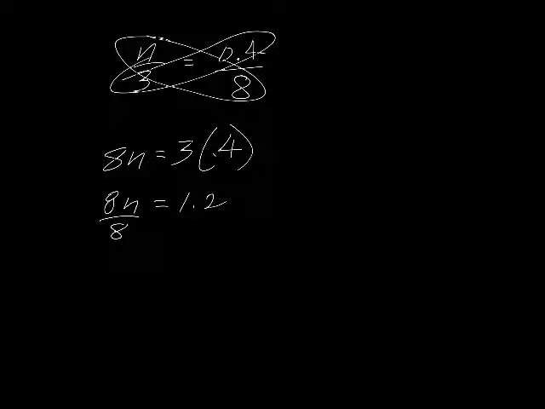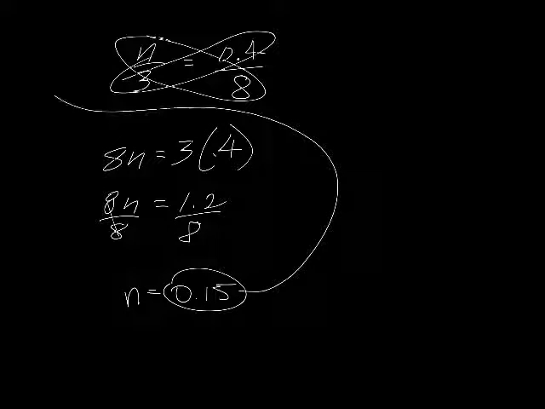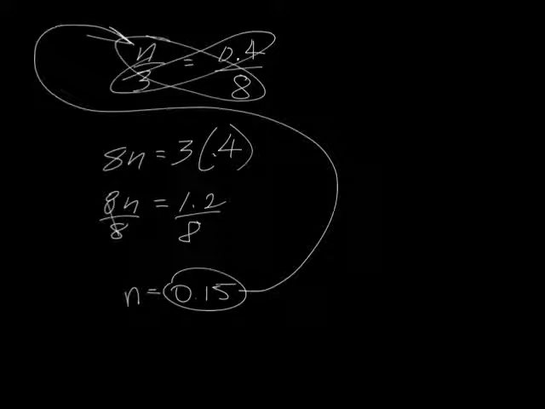Divide by 8, divide by 8. Take your calculator out, and we have 1.2 divided by 8, and our n equals 0.15. So 0.15 goes right there. So 0.15 over 3 is the same as 0.4 over 8.